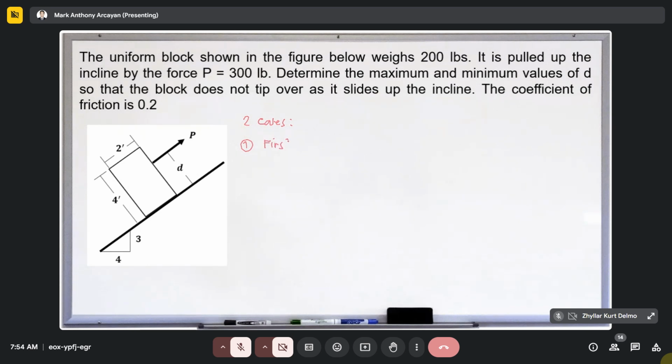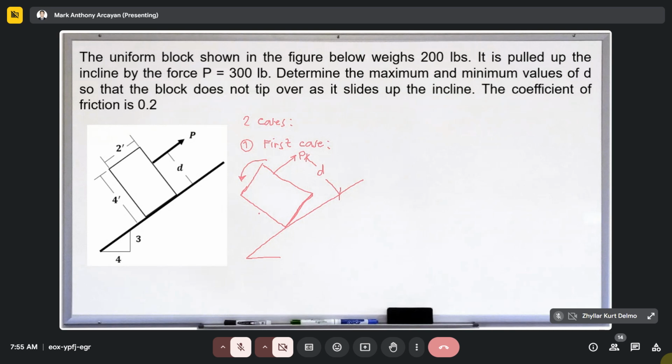The first case is that if we increase the value of D, which is the distance of this force P from the inclined plane, there is a huge possibility that if we slide this block up the inclined plane, it will overturn in a counterclockwise direction, like this one. This is P, and you have the distance D.